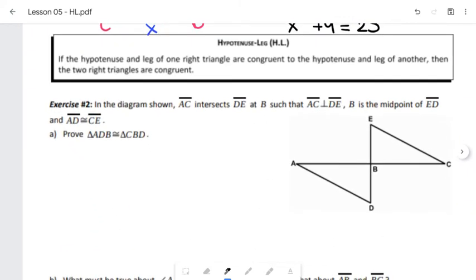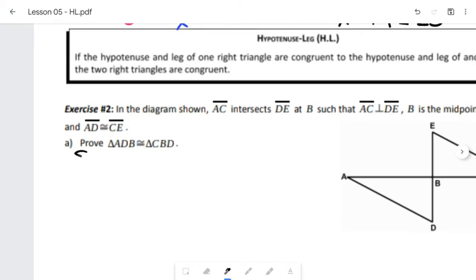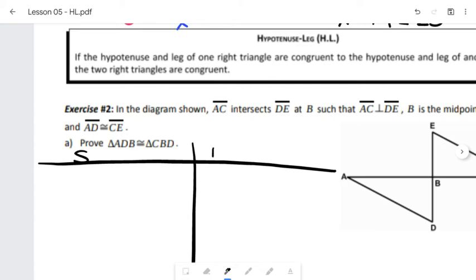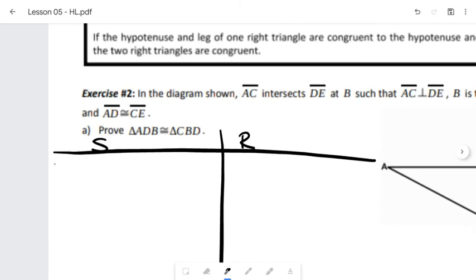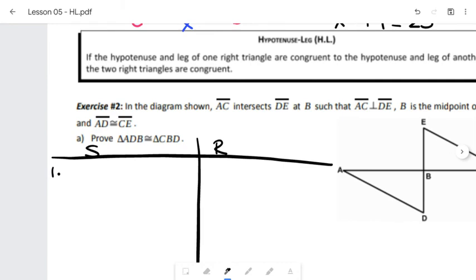So that being said, in the diagram shown, we have AC intersects DE at B, and AC is perpendicular to DE. B is the midpoint of ED. Prove triangle ADB is congruent to CEB. Okay, so we automatically know to set up our statement and reason. That's the first thing we're going to do. I could write AC intersects DE at B and all that, but I see the intersection.